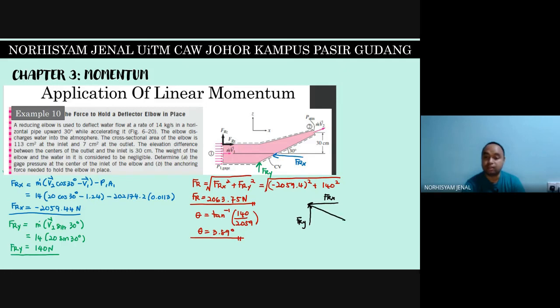So FR should be this way. So FR is equal to 2063.75 Newton with an angle theta equals to 3.89 degree. Okay, so if I want to minimize the amount of force acting towards it, I want it to be in FR. So the FR will be in a certain angle like this, with an angle of theta.